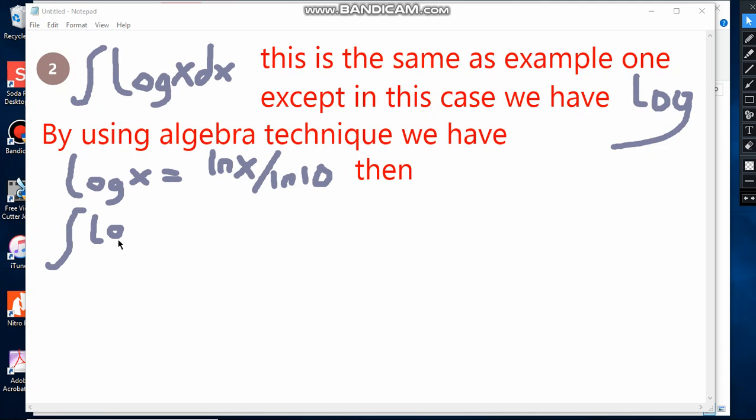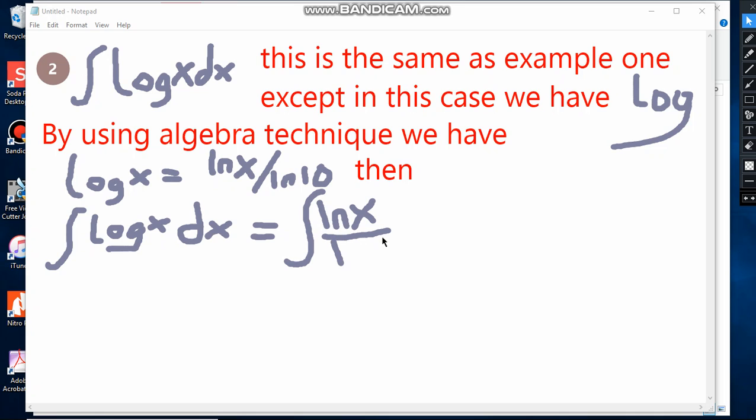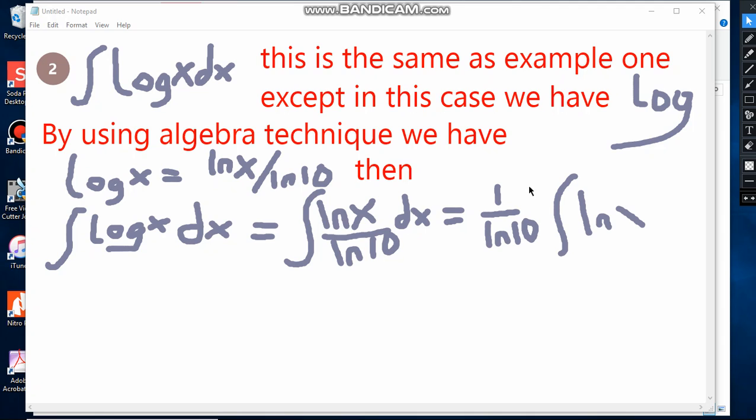Then the integral of log of x is equal to the integral of ln of x over ln of 10 dx, which is equal to 1 over ln of 10, a constant. We take it out of the integral, and we remain with ln of x dx.